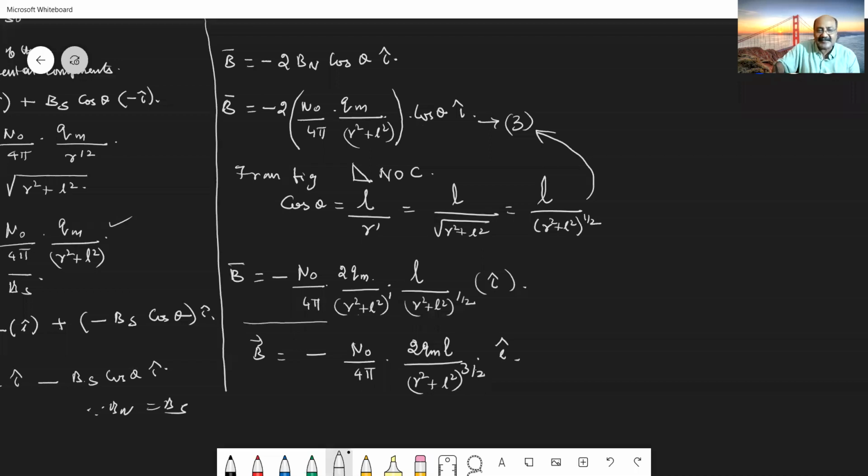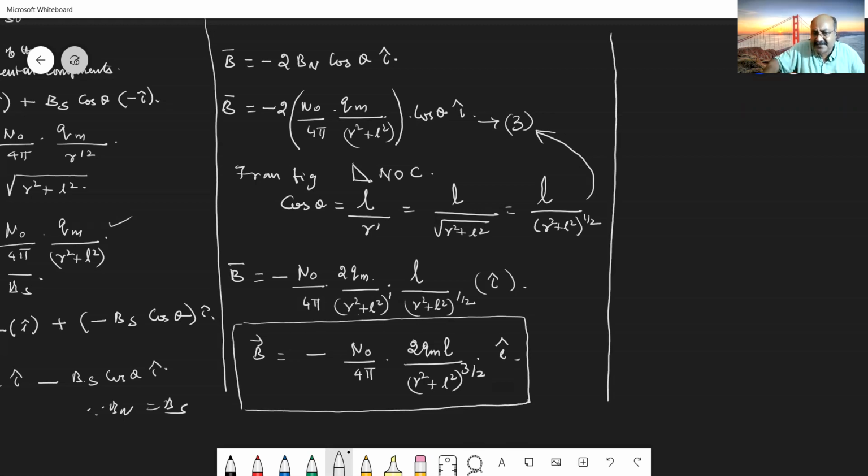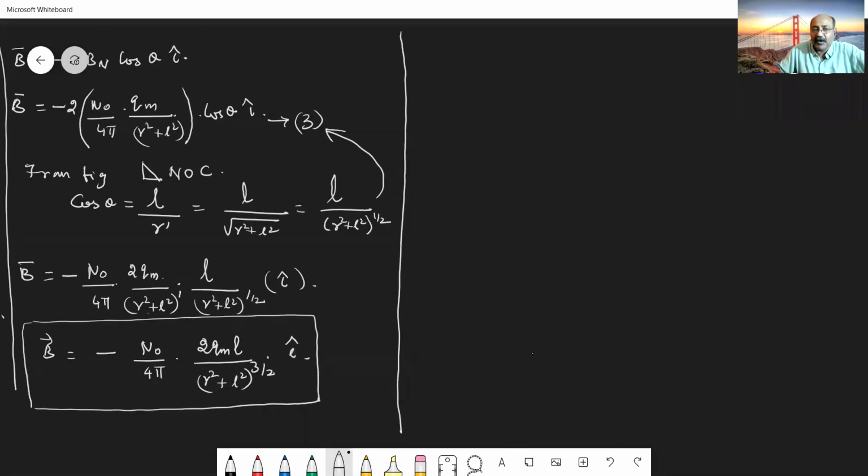So this expression gives you the magnitude of the magnetic field at the point C along the equatorial line of the magnetic dipole or the Bar magnet. But we can apply an approximation. What approximation?